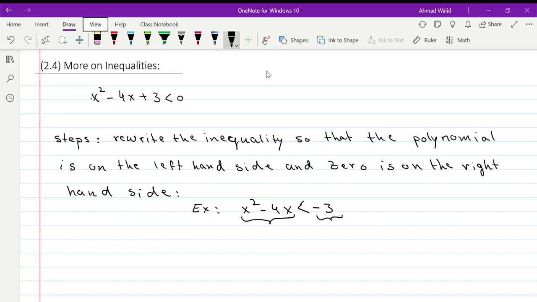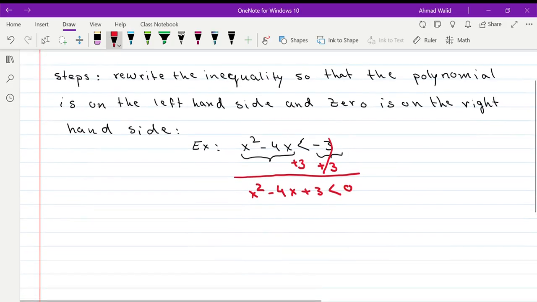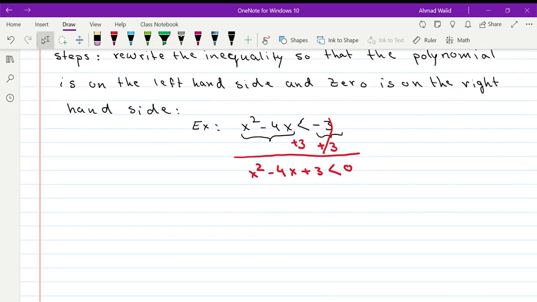To do that, you already know that you can move the numbers, right? Here you have to add 3 to both sides and you can rewrite your inequality as x squared minus 4x plus 3 less than 0, correct? Because these two cancel out. That's your first step.